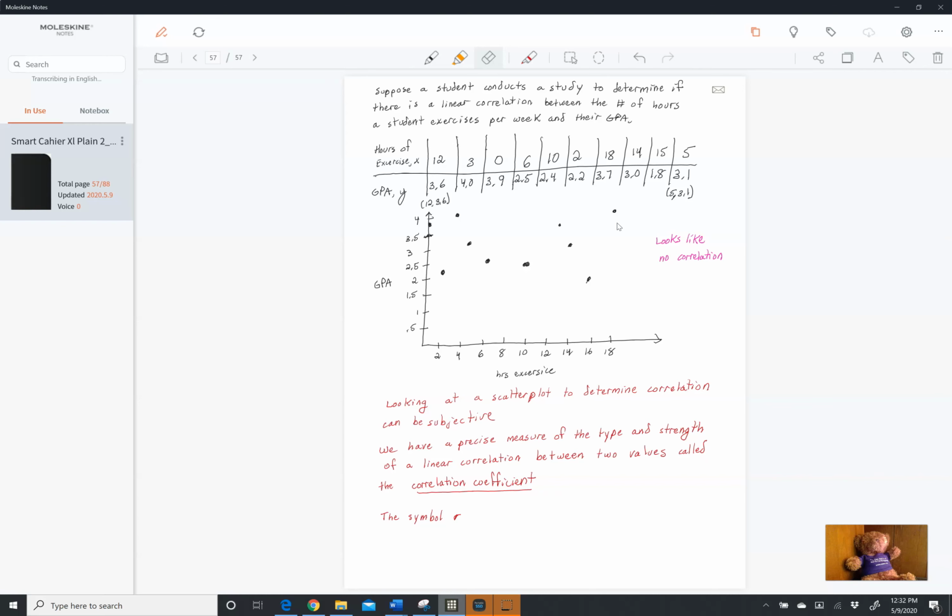This represents the sample correlation coefficient. That's because it's the correlation coefficient based on the sample. Okay, it's based on the sample data.